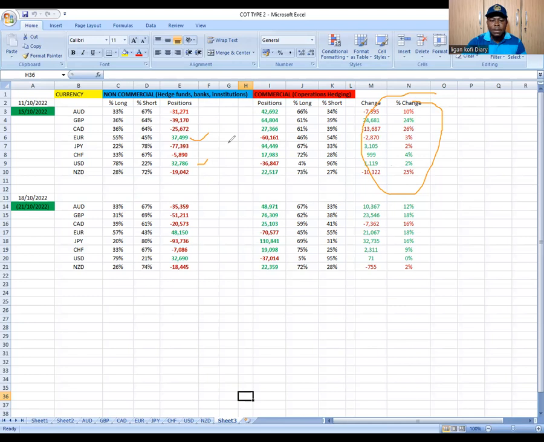Let's see. On AUD, AUD has been bearish, okay? But the number of traders who were bearish on AUD reduced by 7,395, which is a change of 10%. 10% of bearish traders have left the market.